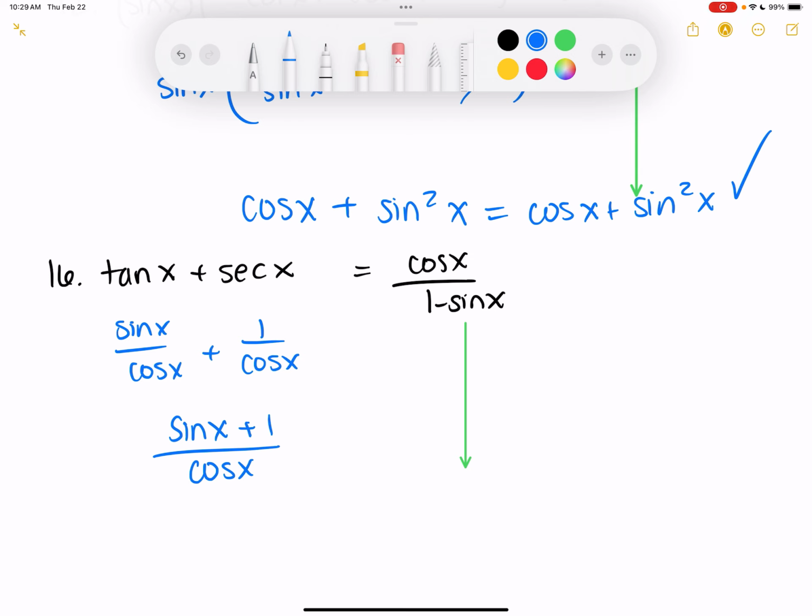Now, because I know that ultimately I'm trying to get to this 1 minus sine of x, I'm going to actually flip these and write it as 1 plus sine of x, just because I think you might see what the next step is a little easier.